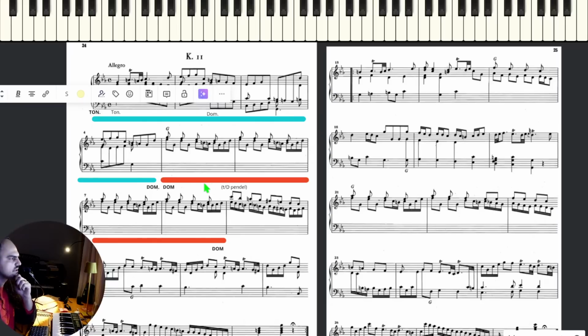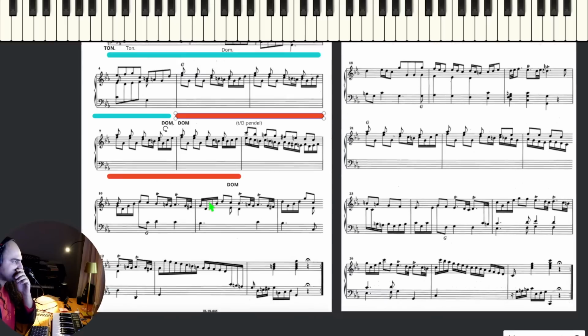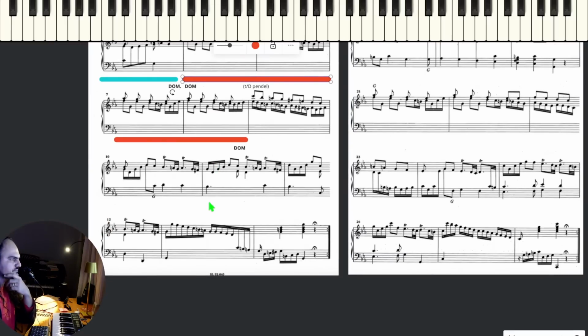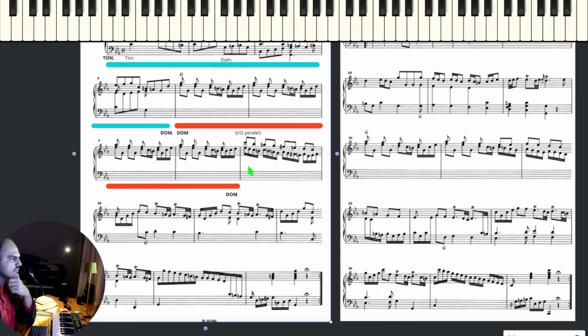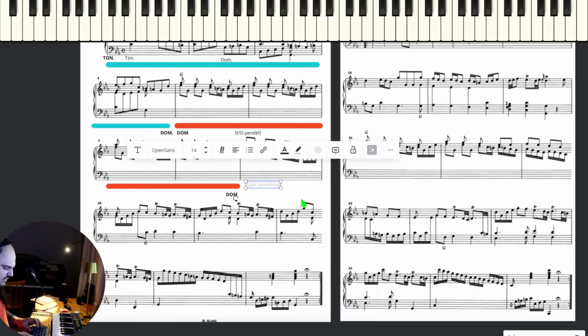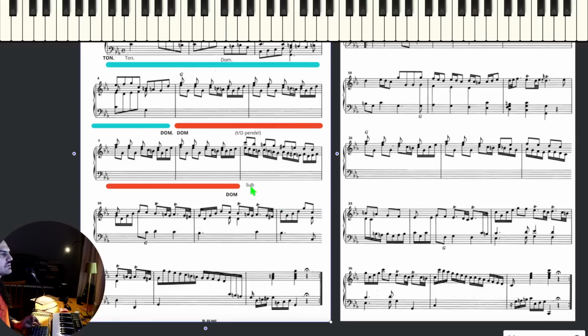Straightforward, like this. So then we are in G minor. This is actually the subdominant in G minor.